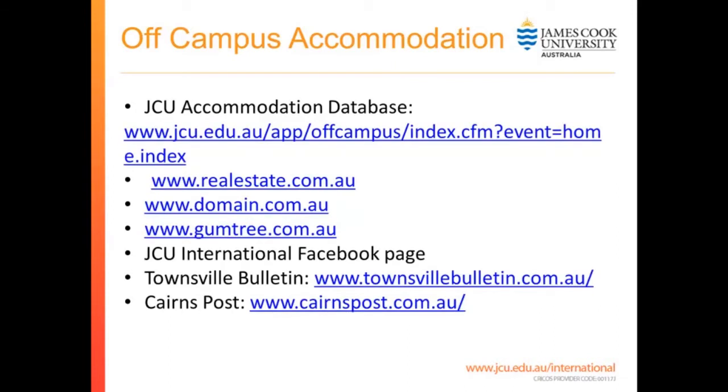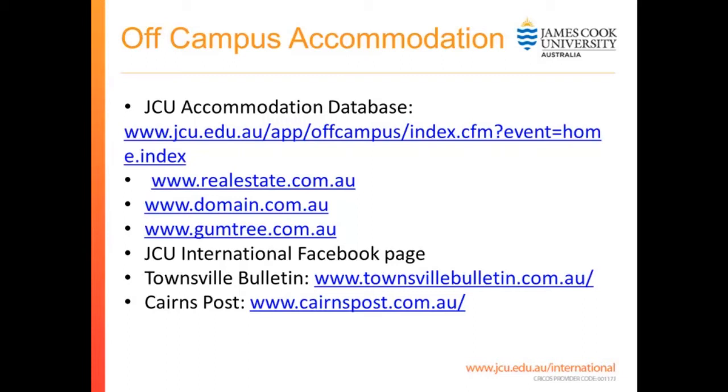In finding your accommodation, you'll need to have a look at a variety of locations. We recommend that you start looking for permanent accommodation as early as possible. One really good place for you to look is the JCU Accommodation Database.